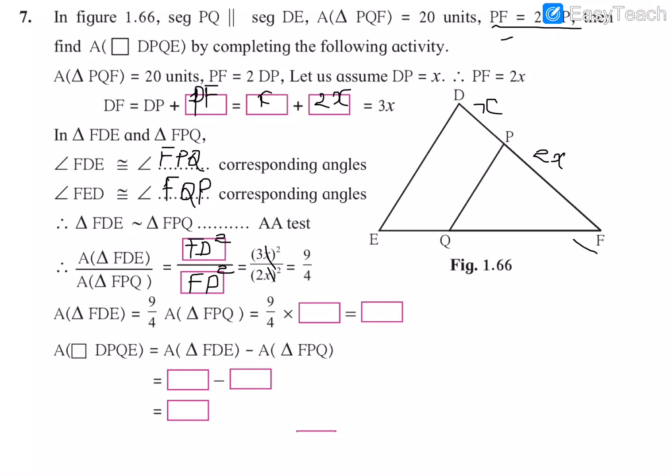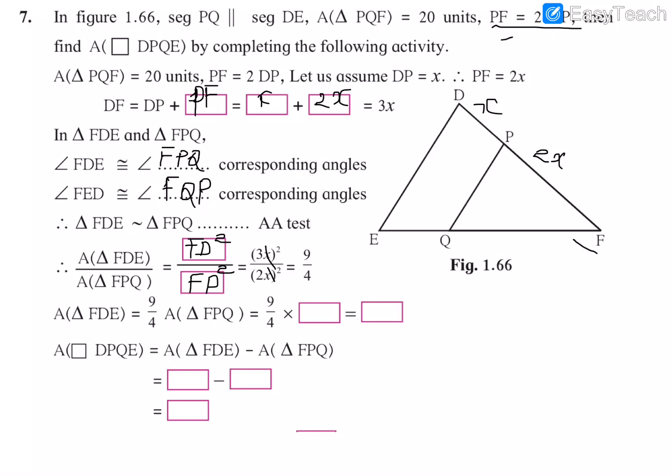Before cross multiplying, from this equation, area of FDE by FPQ is equal to 9 by 4, we can take this FPQ to this side and find the value of area of FDE. So area of FDE is equal to 9 by 4 into area of FPQ.